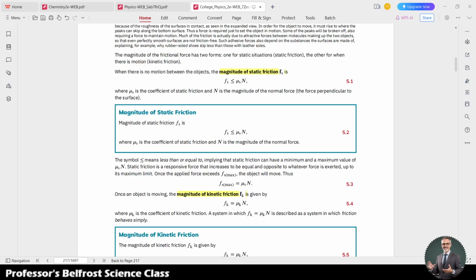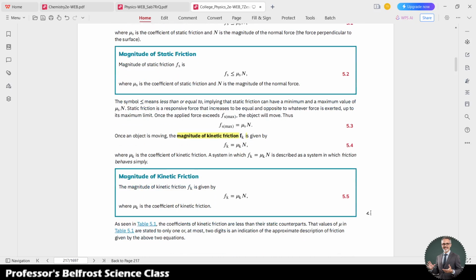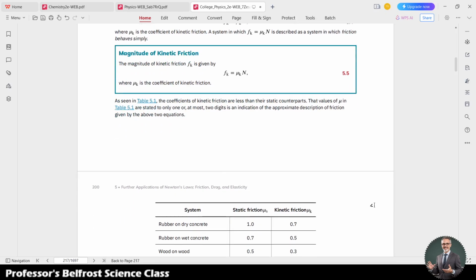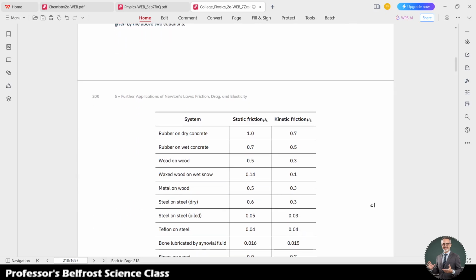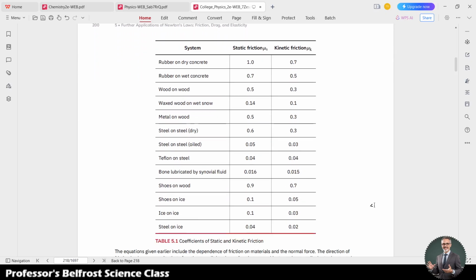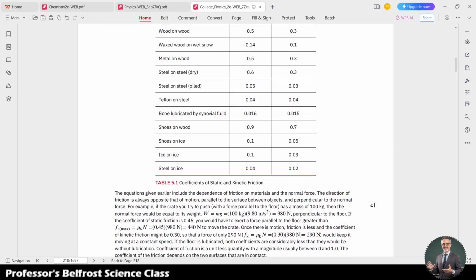So it is actually self-explanatory. Mu_s is different from mu_k, the value is different. You can see this: mu_s is always greater than mu_k, or equal to mu_k in some cases.